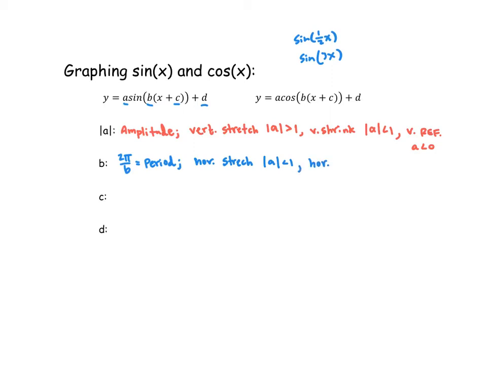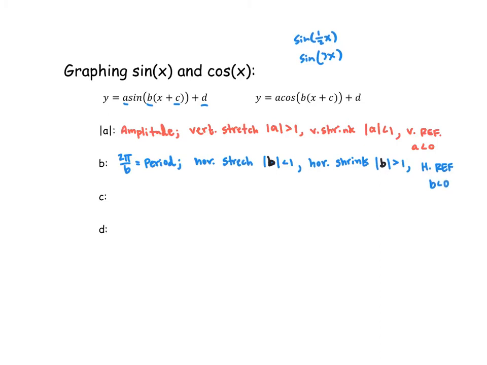Horizontal shrink, like I said, happens when, oops, I put an A there. It should be a B. If the absolute value of B is greater than 1. And then of course there's a horizontal reflection if B is less than 0.